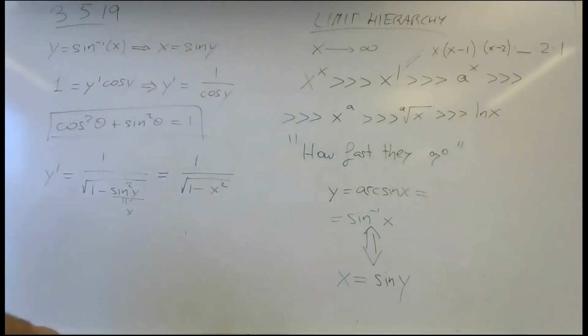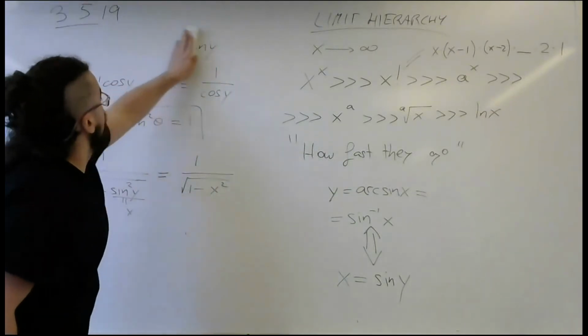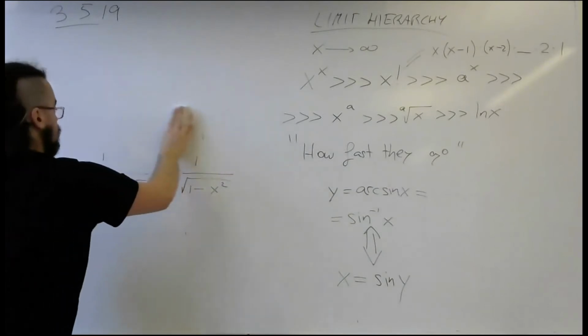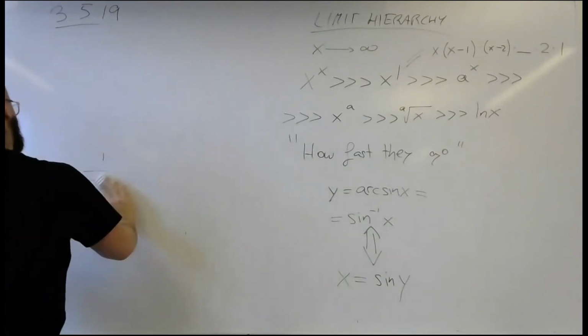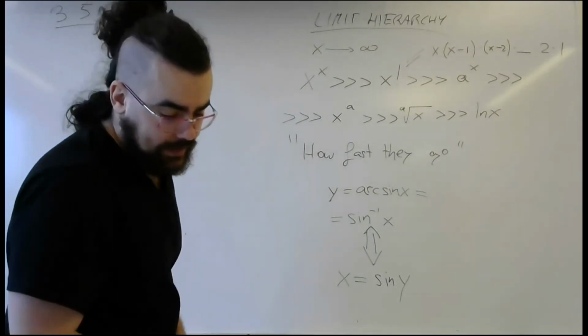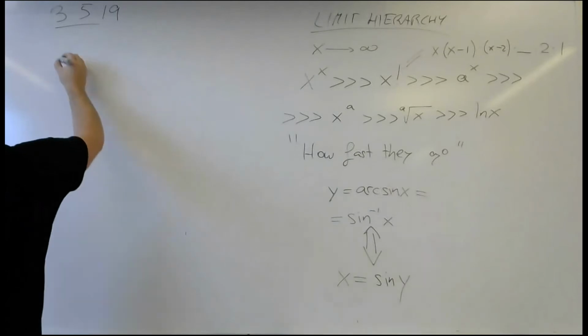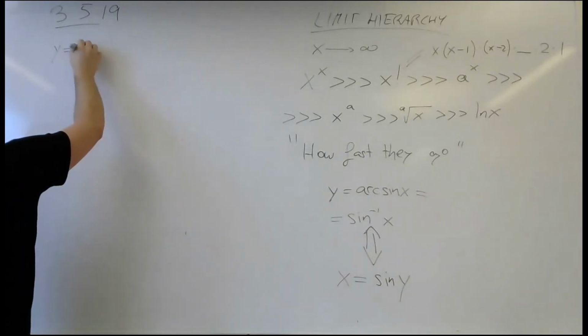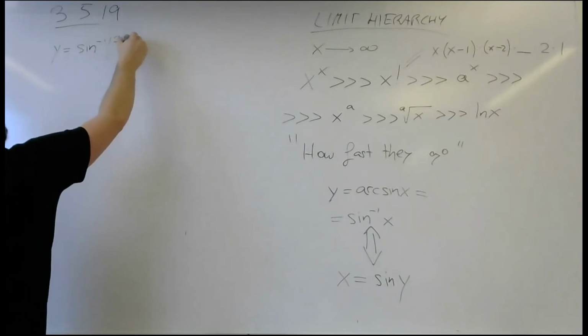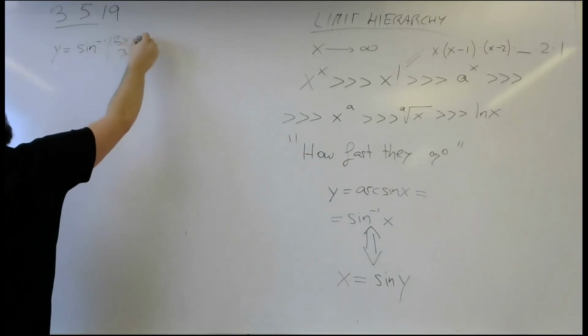And now we're going to use it. So exercise 19 asks us to calculate the derivative of sine minus 1 of 2x minus 1 over 3.